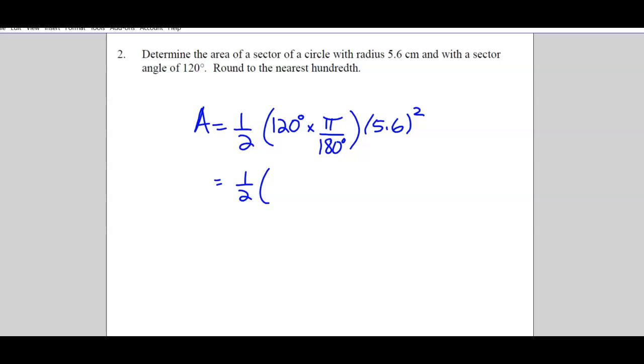If you do want to simplify this, or you say you found a radian measure outside, that's 2 pi over 3, which actually the 2's divide out, so that's pi over 3 times 5.6 squared.